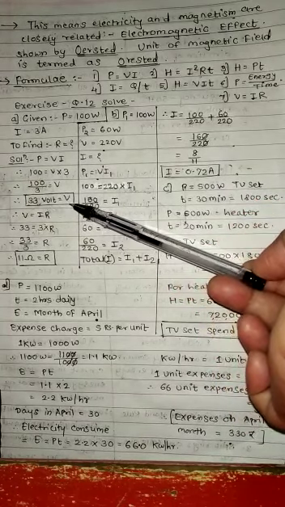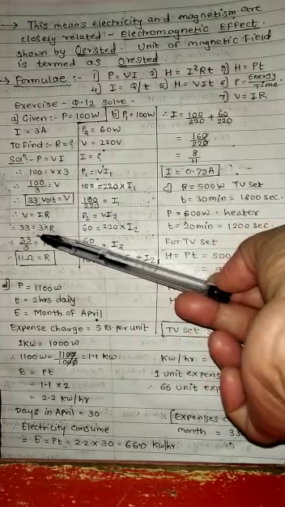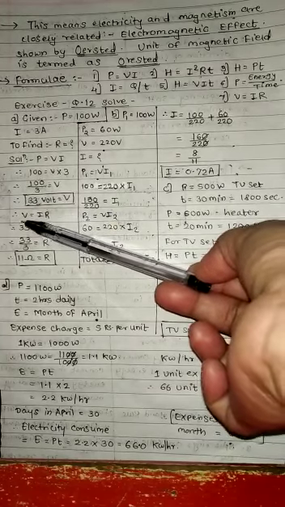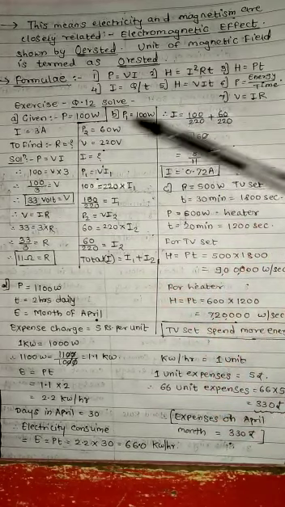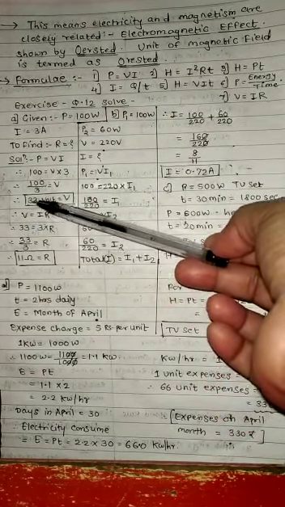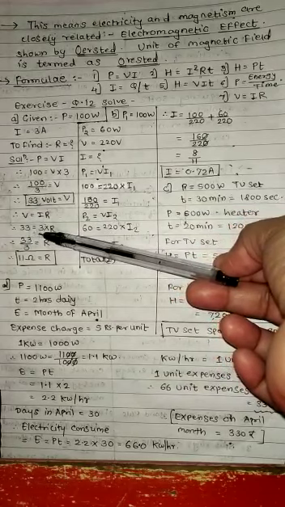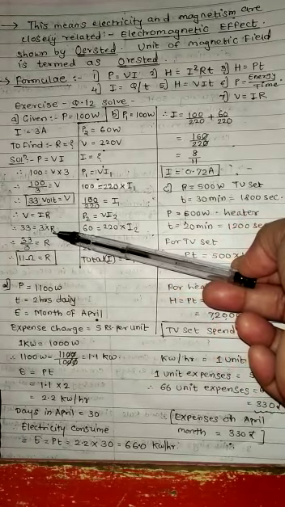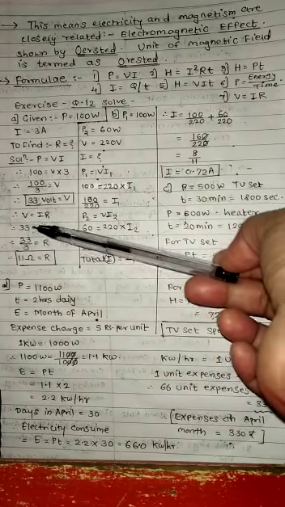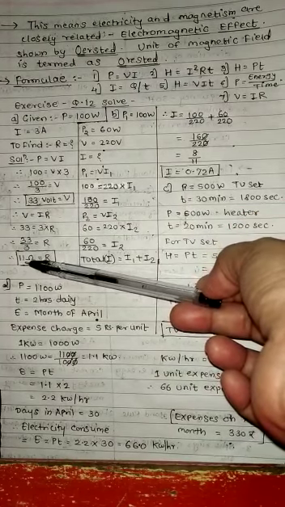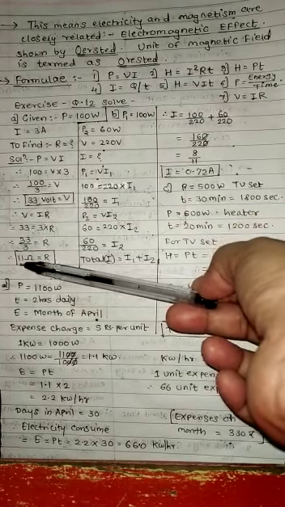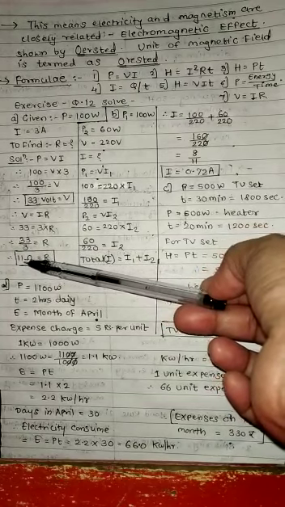V is equal to 33. Then again to find out R, here you have to use V is equal to IR. V is 33, I is 3 ampere, R you have to find out here. So R is equal to 33 divided by 3, is equal to 11 ohm.